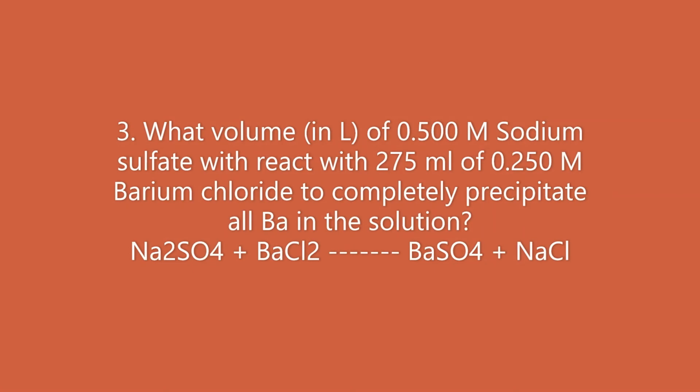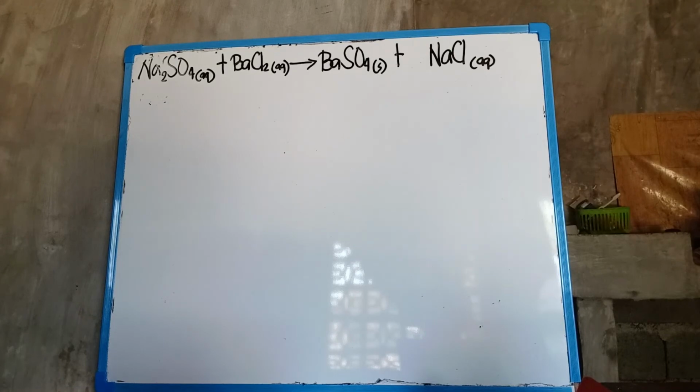What volume of 0.500 M sodium sulfate will react with 275 mL of 0.250 M barium chloride to completely precipitate all barium in the solution? So our third example: what volume of 0.500 molarity of sodium sulfate would react with 275 mL of 0.250 M, or mole per liter, of barium chloride to completely precipitate all the barium ions, or cations, in the solution?